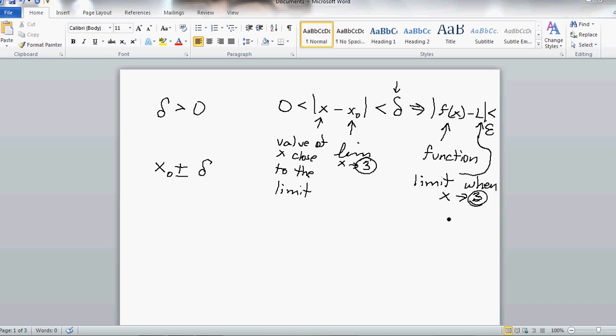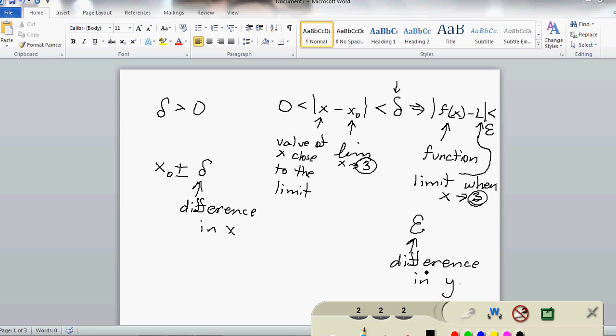It can be 5, it can be 16, whatever. And then epsilon is just a number that shows the difference in the y's. Delta is very much the difference in x's. Epsilon is the difference in y.